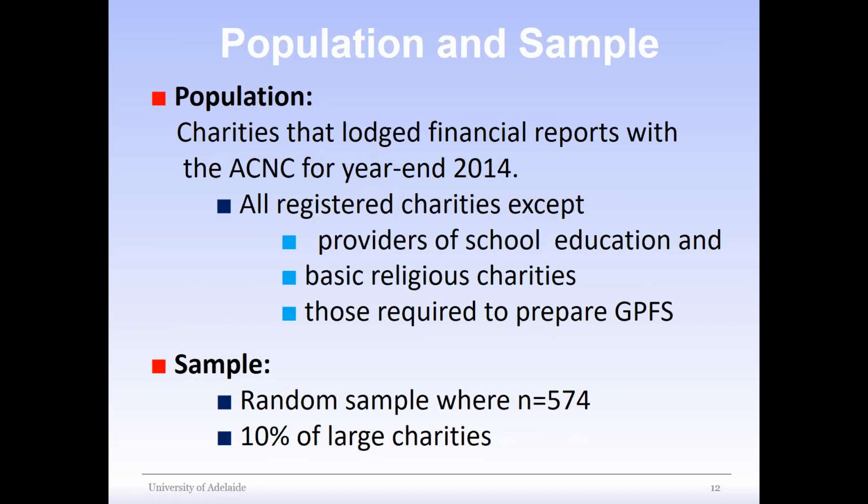We also excluded basic religious charities, which of course are not required to furnish financial statements to the ACNC, and those charities which are required for a range of reasons to prepare general purpose financial statements. Some of those were entities for social housing, for example, which the funders required, and there were some others for a number of different reasons. We had to exclude those because we were looking at what people chose to do. We chose 10% of the large charities as the sample, so that gave us a sample size of 574.